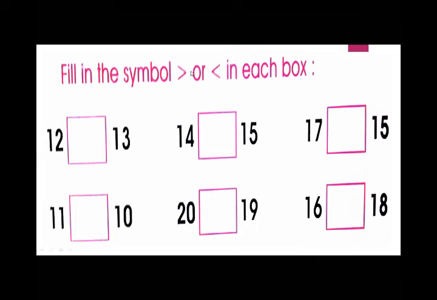You can see that this sign shows a crocodile mouth. Where the bigger number comes, the crocodile mouth is open there. So fill the symbols greater than or less than in each box. Here we see two numbers, 12 and 13. So which one is greater?